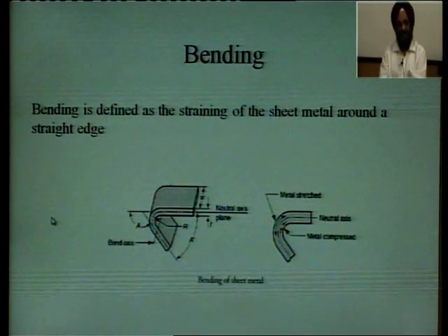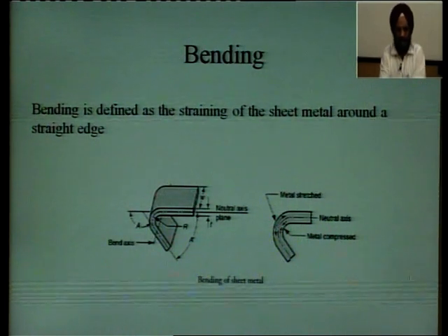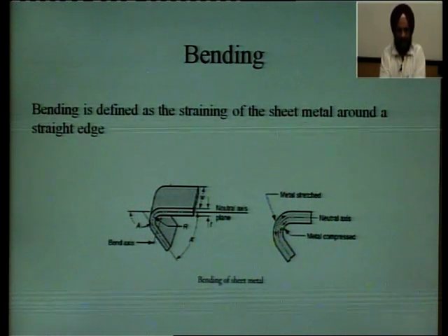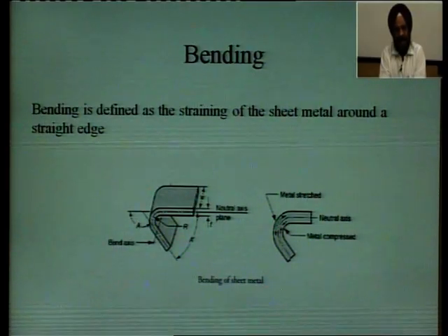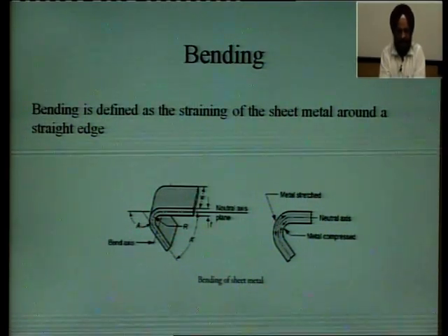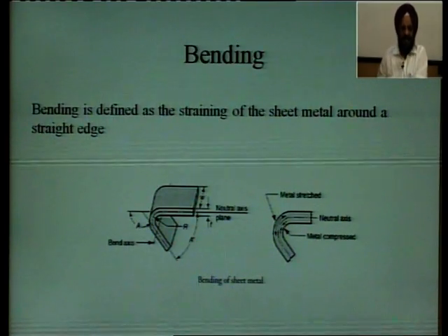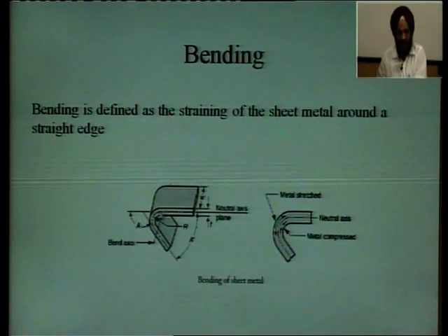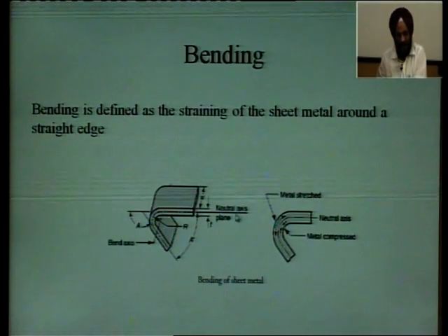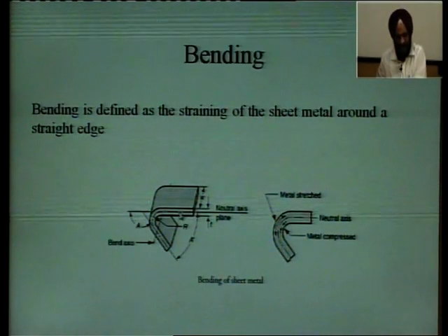Similarly, now we have an operation called bending. Bending is defined as the straining of the sheet metal around a straight edge. That means we had a straight sheet and we have bent it like this. Now, there is a neutral axis, just see this axis.